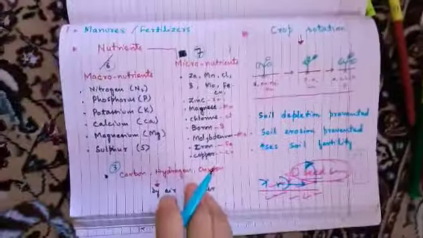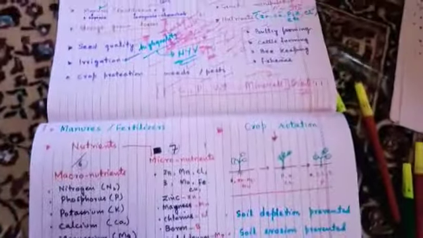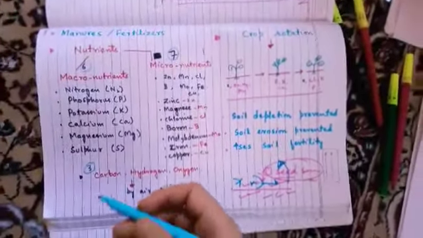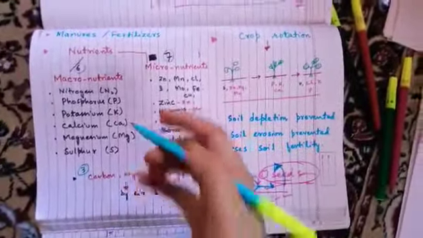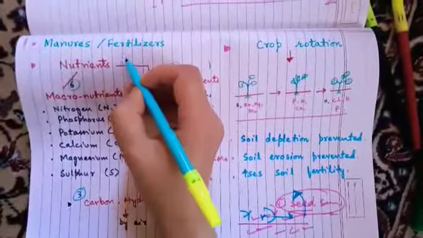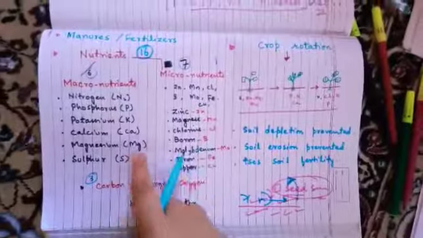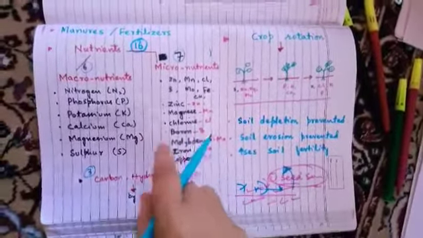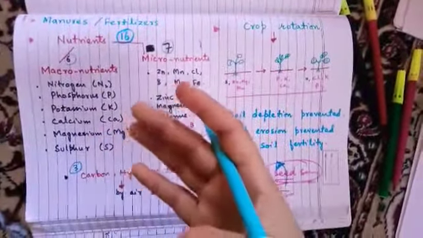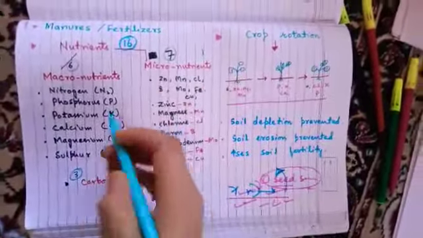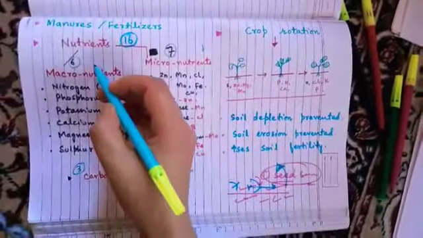And then comes the second term, that is nutrients. I have discussed somewhat what nutrients are. These are the important elements which are needed by a plant to grow. They are present mainly in the soil.